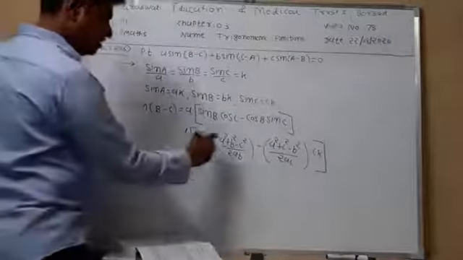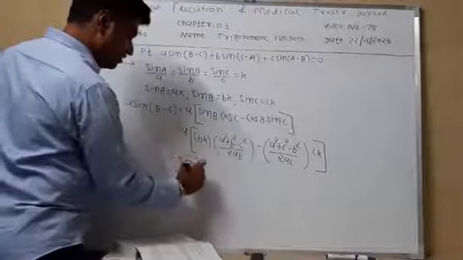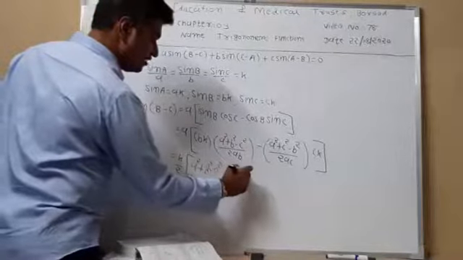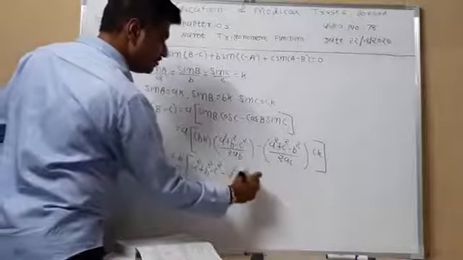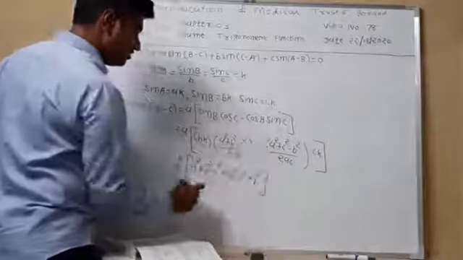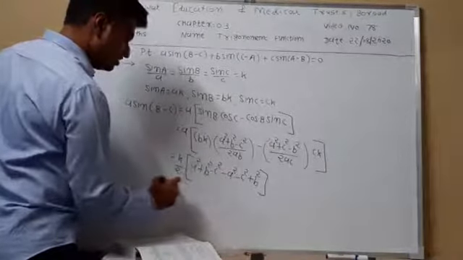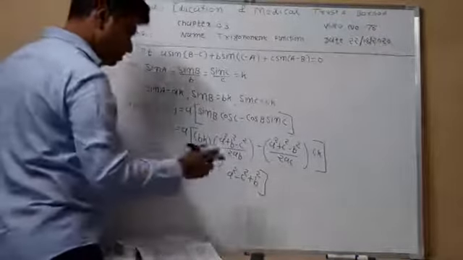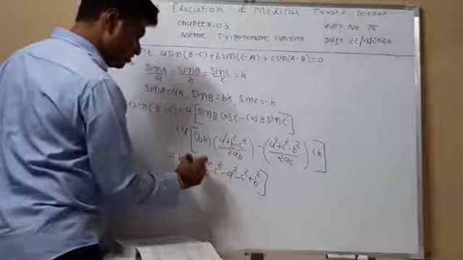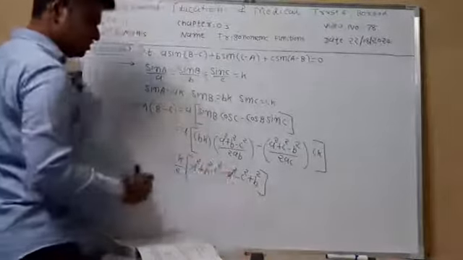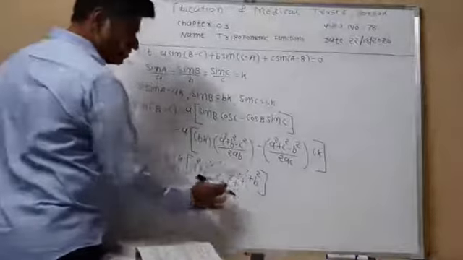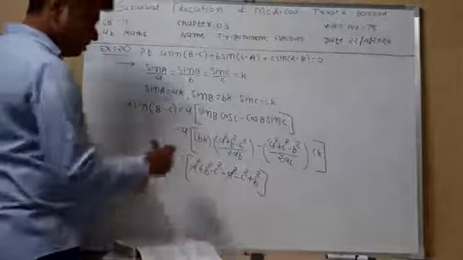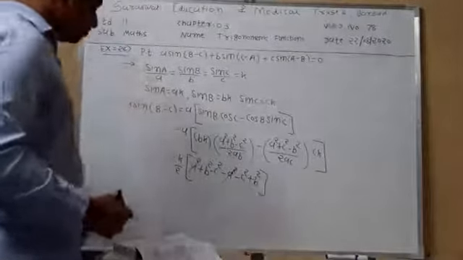So k by 2 we can take common. Now the remaining term is a square plus b square minus c square minus a square minus c square plus b square; the minus sign multiplies the bracket, so each term cancels out. Here a square cancels. Then b square plus b square means 2b square, and minus c square minus c square means 2c square.